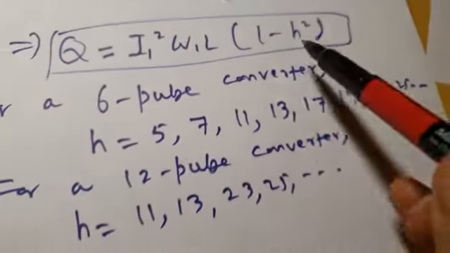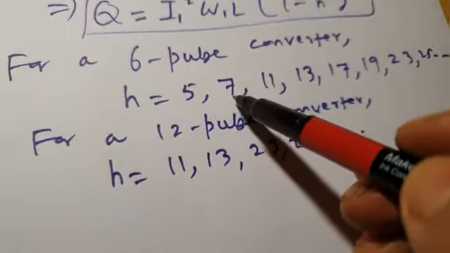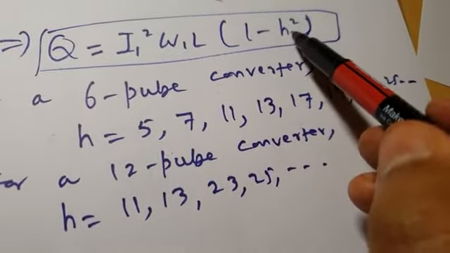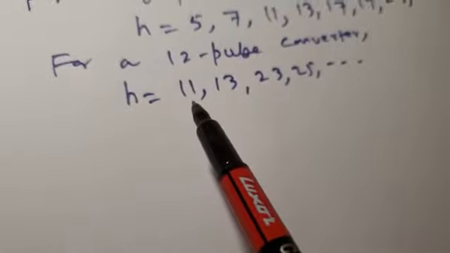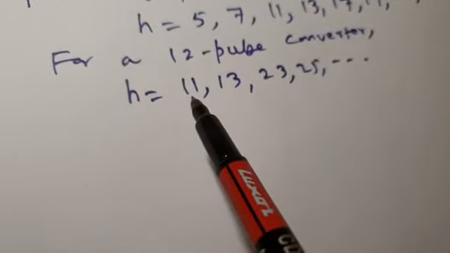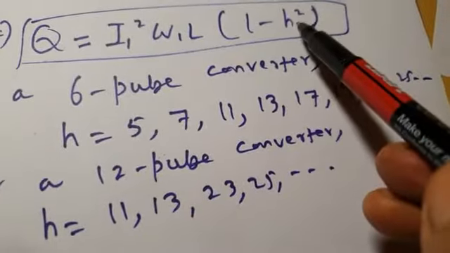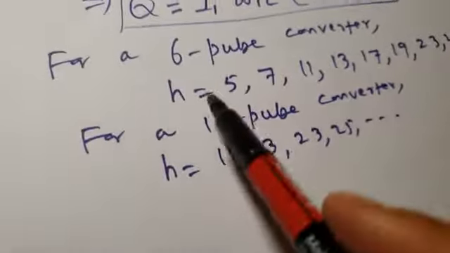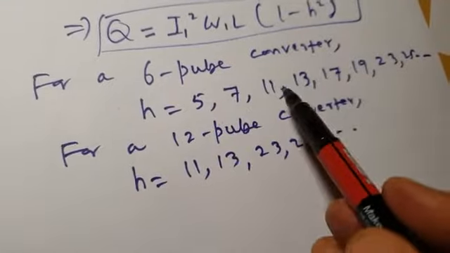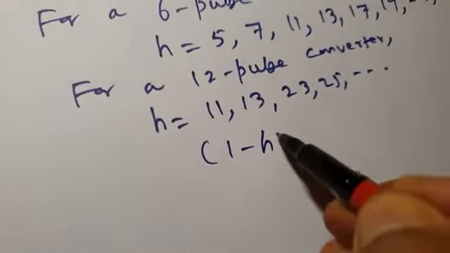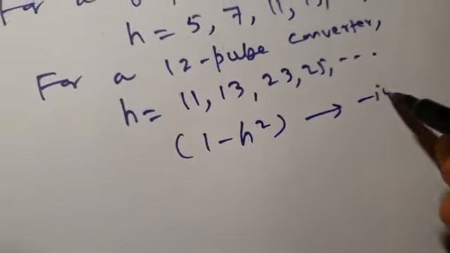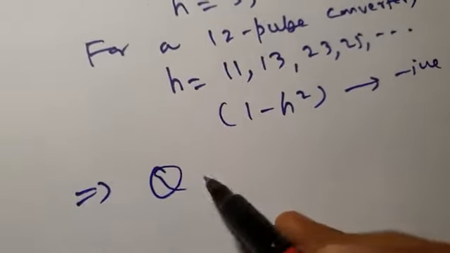Similarly, if your filter is tuned to 7th harmonic, it will be 1 minus 7 square, 1 minus 49. That will again be negative. For a 12 pulse converter, if the filter is tuned to suppress 11th harmonic, 1 minus 11 square, 1 minus 121, or 13th harmonic, 1 minus 13 square. So for any value of H, whether it is 5, 7, 11, 13, or any, 1 minus H square will always be negative. Which means Q will always be negative.